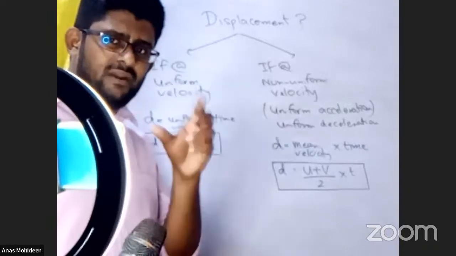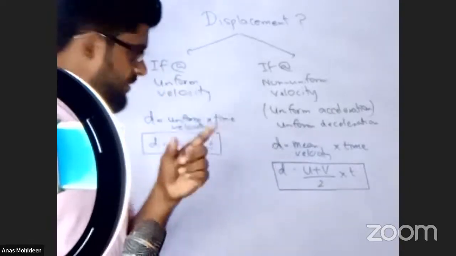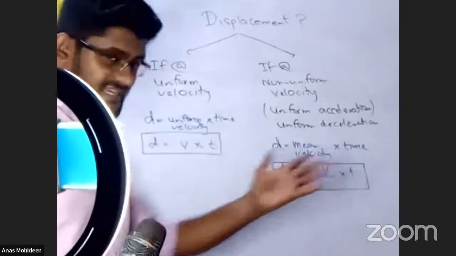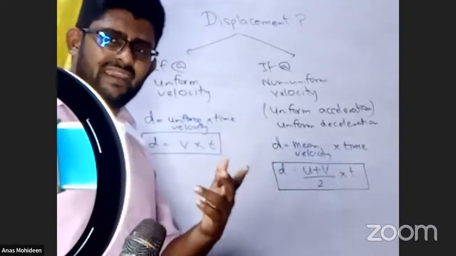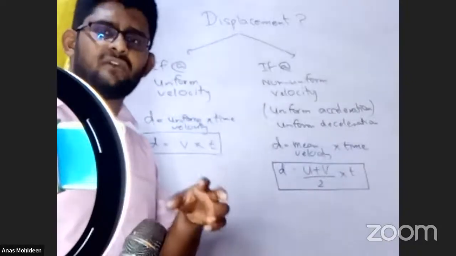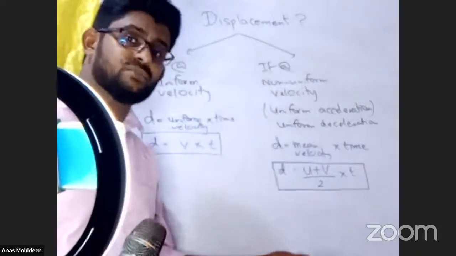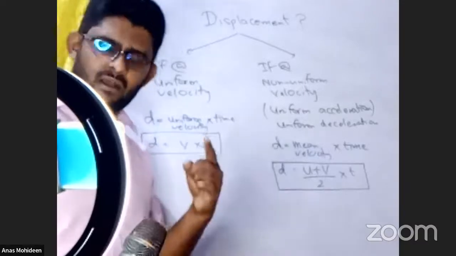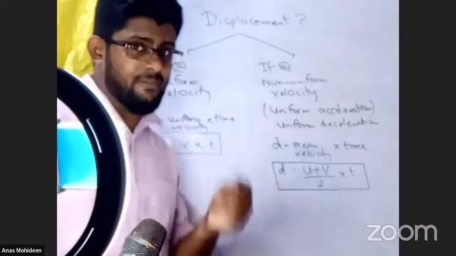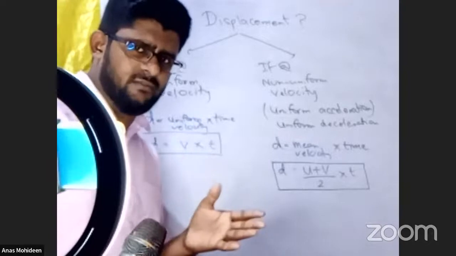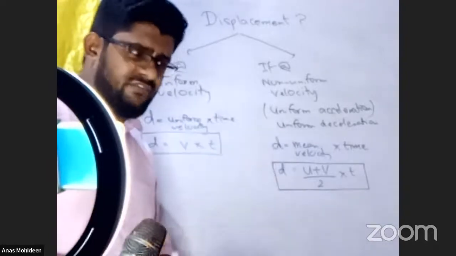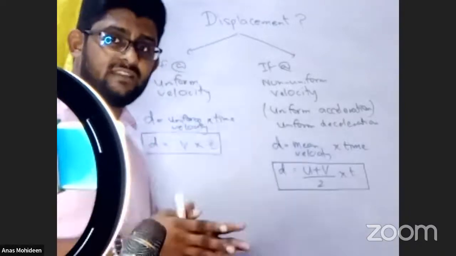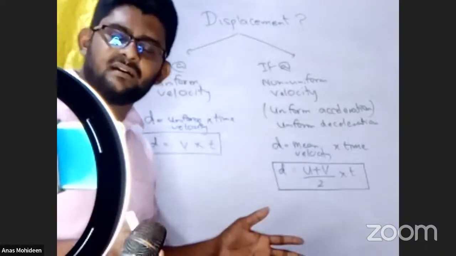If you use the first equation when the question involves the second type of motion, you will get exactly double the answer if the object is moving from rest or going to rest. So remember, first find out the type of motion. According to the type of motion, if it is uniform velocity or a changing velocity, you apply the equation so you get the correct answer.